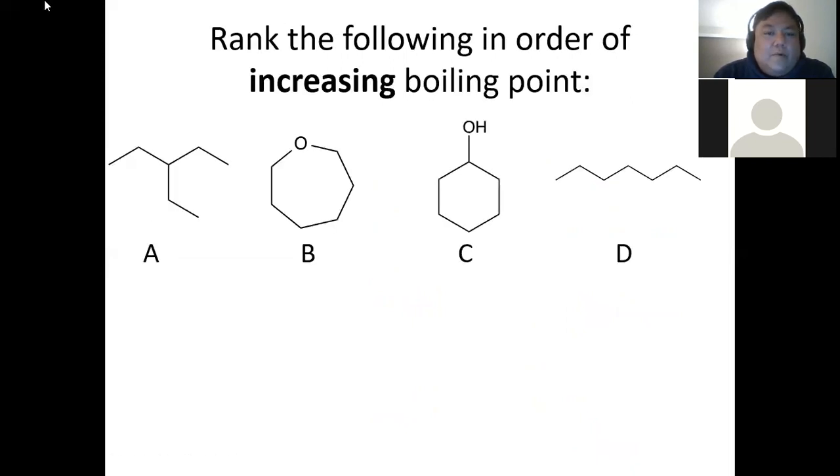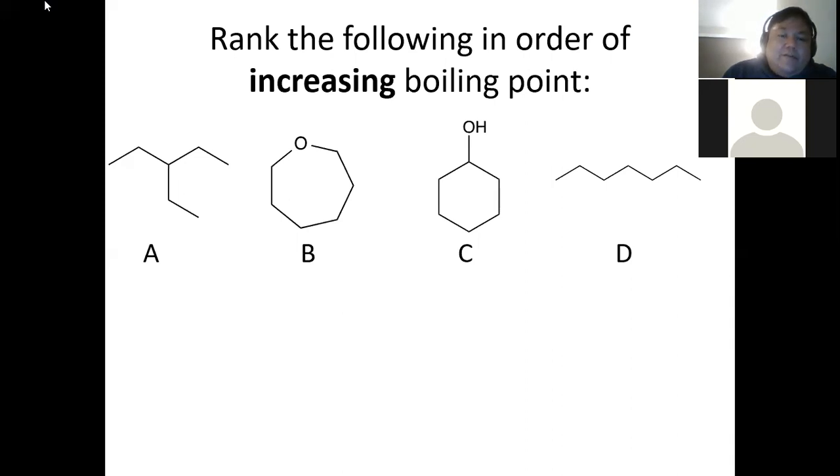So increase boiling point. What is the most important thing when it comes to boiling point? Yep. Your forces, right? So C, since that can hydrogen bond, is going to have the highest boiling point. B is polar. So then B is going to be your next highest boiling point.